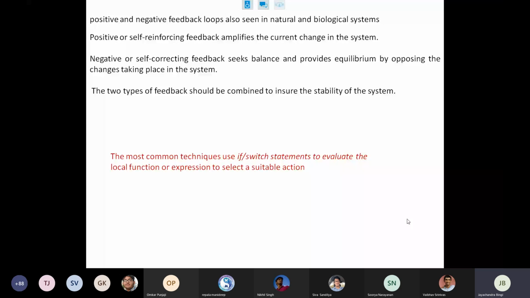If the system is reducing the change and coming back to equilibrium, that is negative feedback. Please study that and try to understand. Creating feedback loops inside the system is most important to design the intelligence.